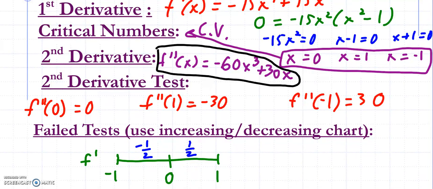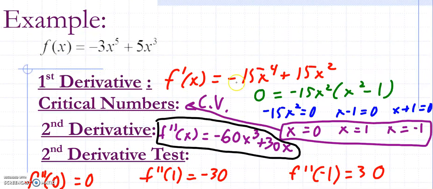And then remember now we're plugging these into the first derivative. And I can see that actually it's not going to matter because I'm raising this to the fourth and this squared. So I know that these are going to come out to be exactly the same. I just need to figure out if it's going to be positive or negative. And I know that because this is to the fourth power, that's going to make the number smaller. So times 15 would make this smaller. So this is going to come out to be positive.